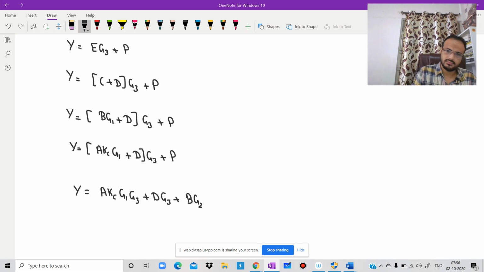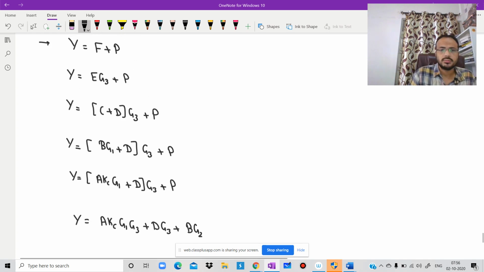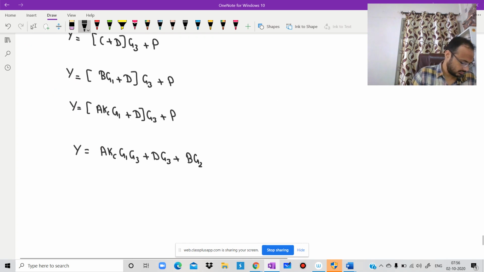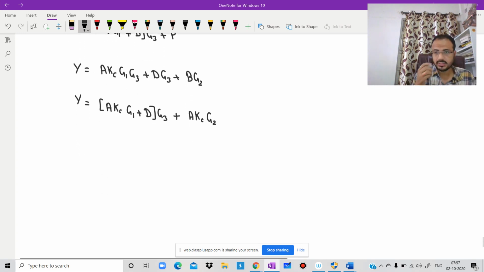B into G2, or you can write from this equation A is equal to minus of Y. You will get Y is equal to A Kc G1 plus D G3 plus at the place of B A into Kc into G2. Is it clear up to this point?